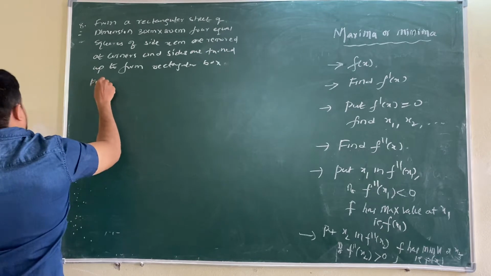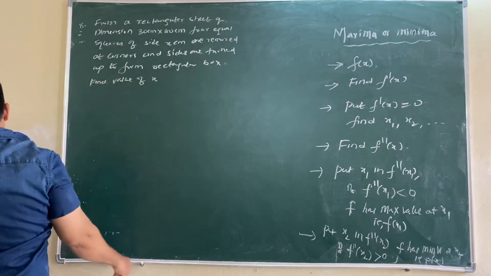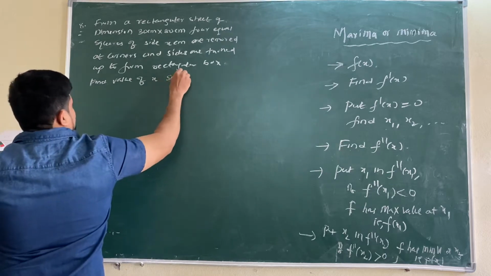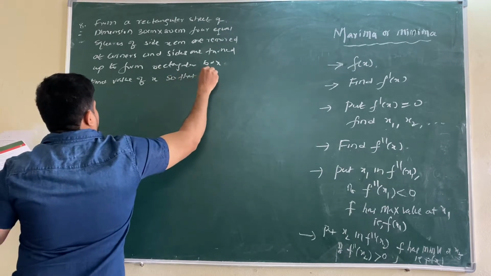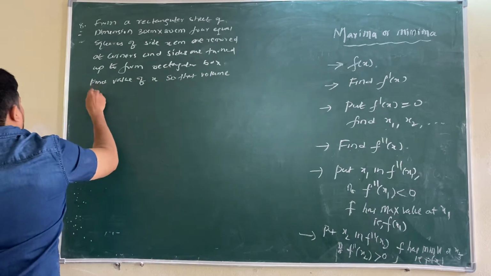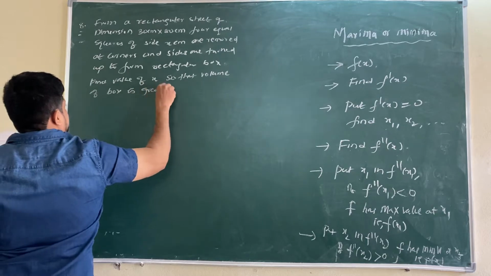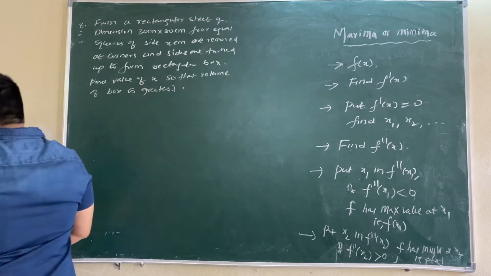Find the value of x so that the volume of the box is greatest, or maximum.